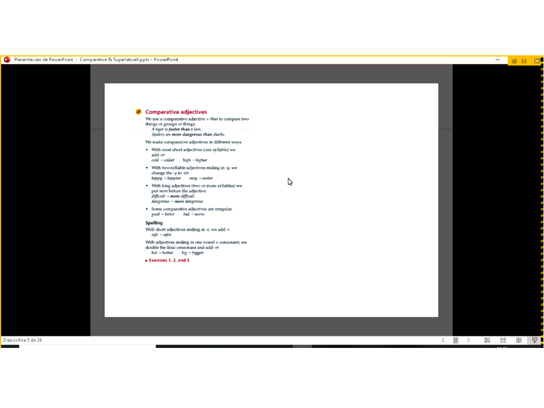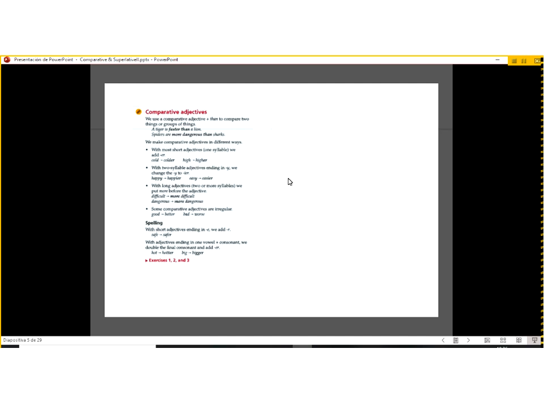About the spelling, with short adjectives ending in E, the silent E, we add R. For example, safe, safer. In that case, the letter E of safe does not sound, yes? That's why it is called the silent E. With adjectives ending in one vowel plus consonant, we have to double the final consonant and then add ER.